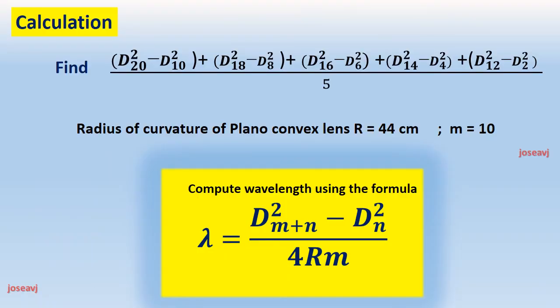The radius of curvature of the plano-convex lens R is equal to 44 cm and m is equal to 10. Compute the wavelength using the formula lambda equals (D_{m+n} squared minus D_n squared) divided by 4Rm. On substituting the values, we get the value of the wavelength of the monochromatic light.